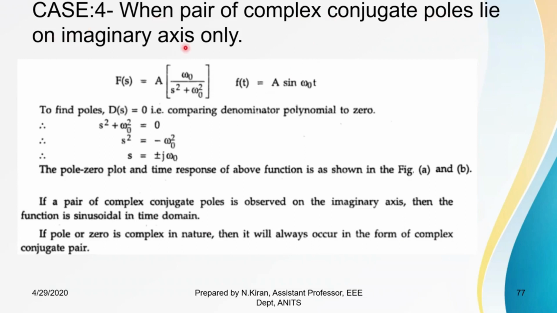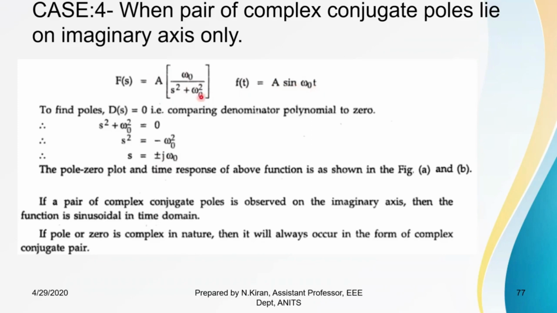Similarly, the fourth case: if we have a pair of complex conjugate poles which lie on the imaginary axis only. Let us consider the expression F of s is equal to some constant A into omega by s square plus omega square. If I find the poles, this gives s is equal to plus or minus j omega. Upon inverse Laplace, this gives A into sine omega t.